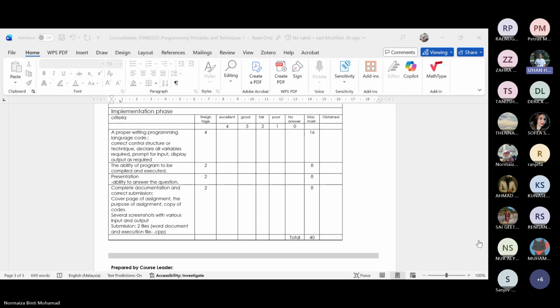Do we have to put references if we do it by ourselves? It says to include references for the code, right? But let's say we do it 100% on our own capability, do we still need to put references? Sorry, I can't hear you.